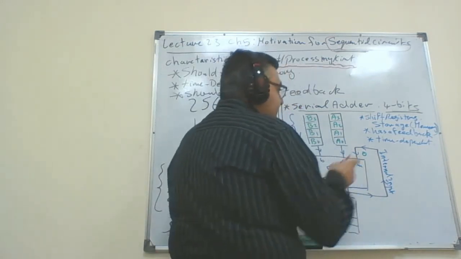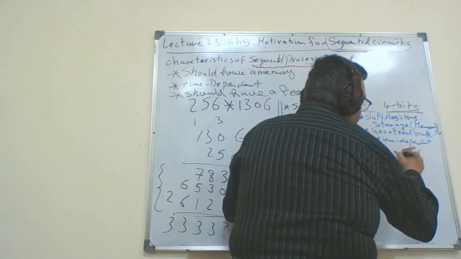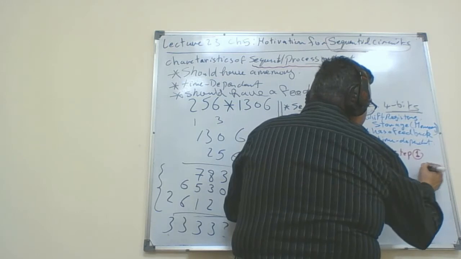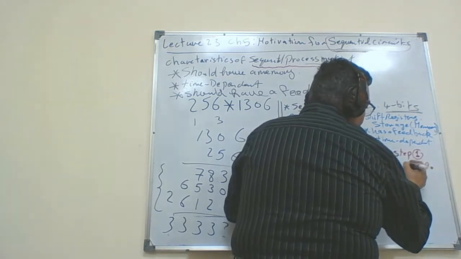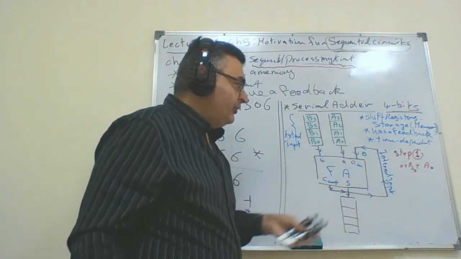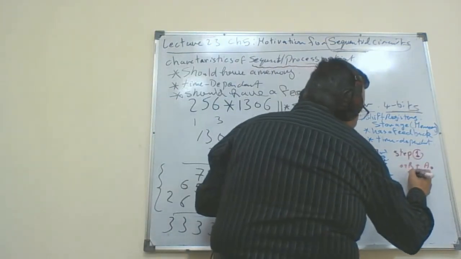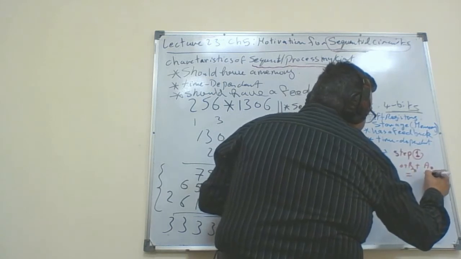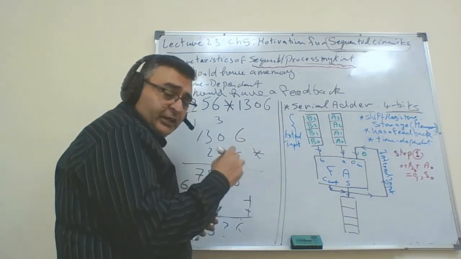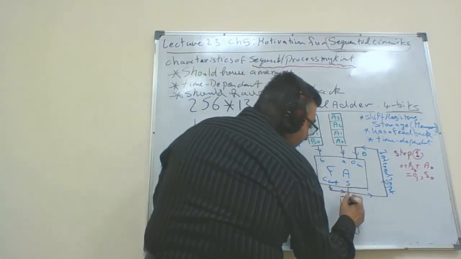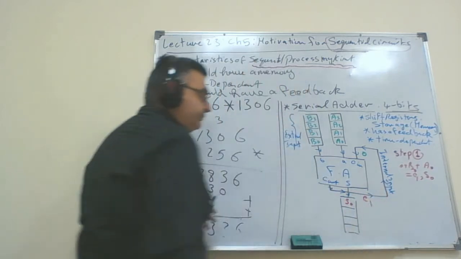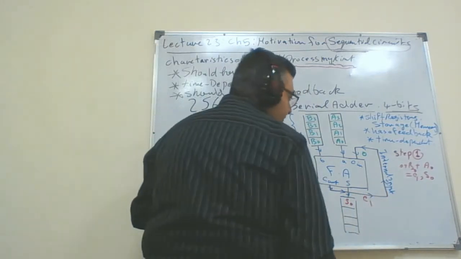So in step number 1, A0 will be added to B0 and to 0. This will give me S0 and C1, from the definition of the addition from chapter 2. So I will get S0 and C1 in step number 1.